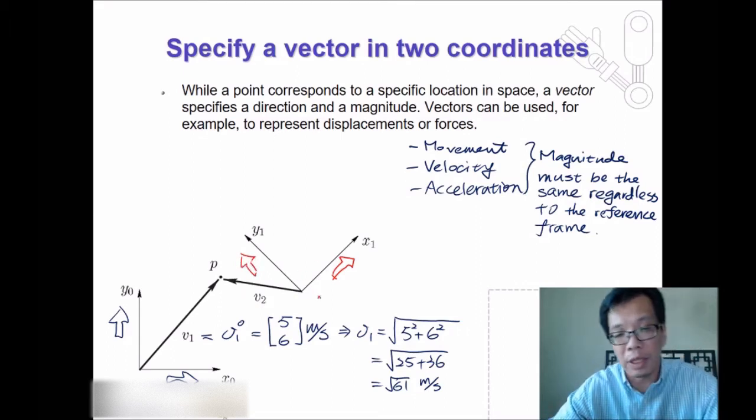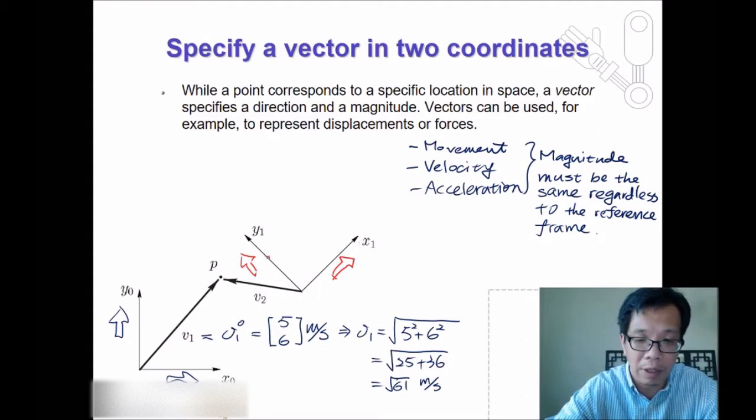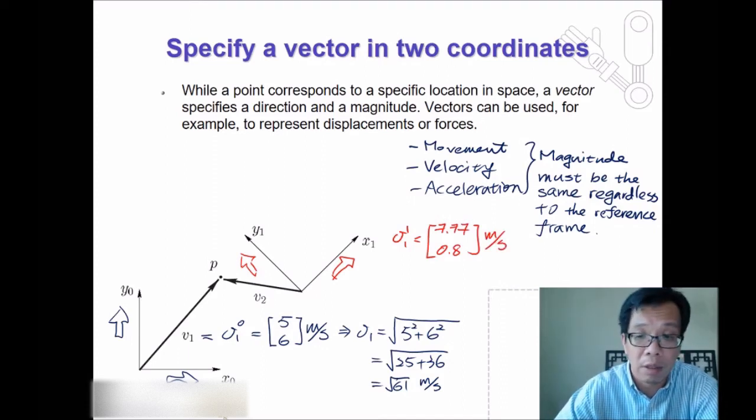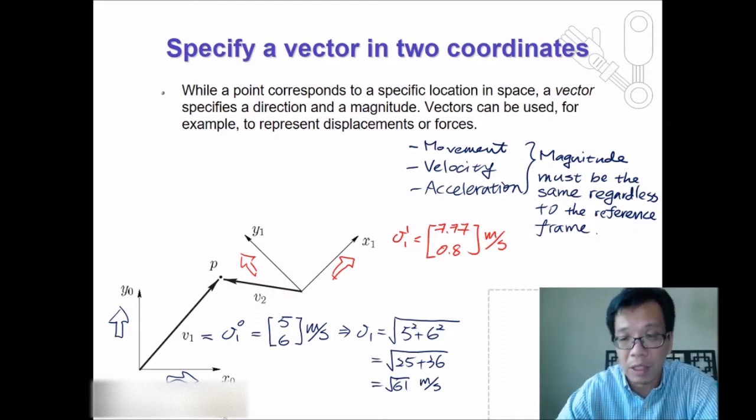It is not going to be the same along these directions. So when you get another sensor, measure the velocity of object 1 from coordinate 1, you might get a result like this. That's totally feasible because, depending on which frame you're measuring the movement, the velocity is going to have different magnitude along individual directions.